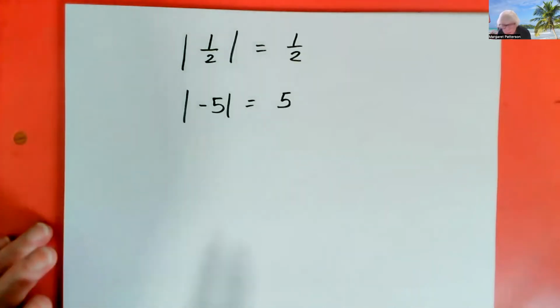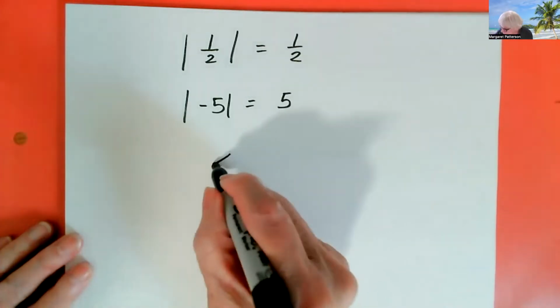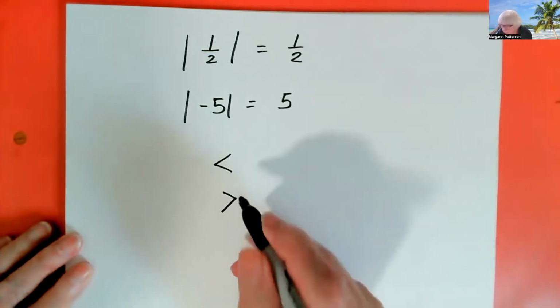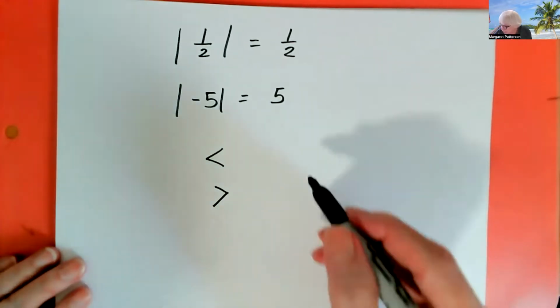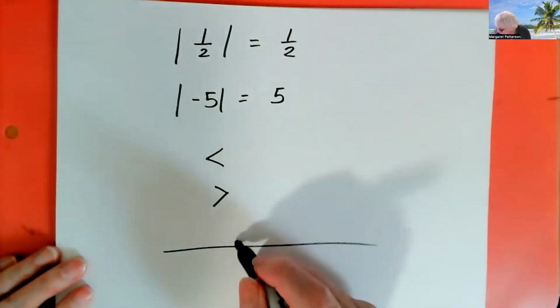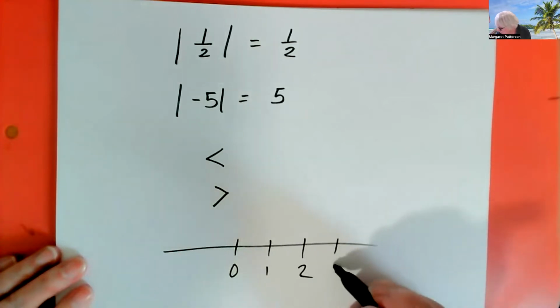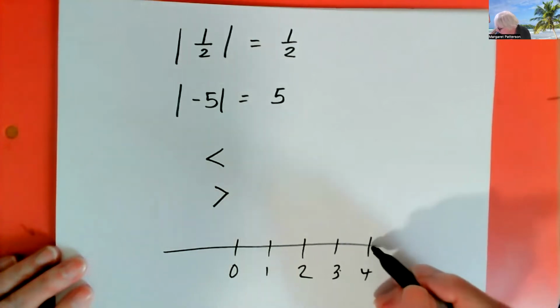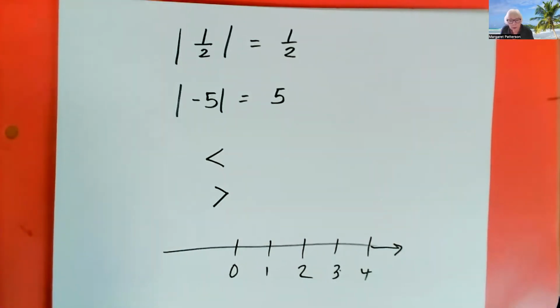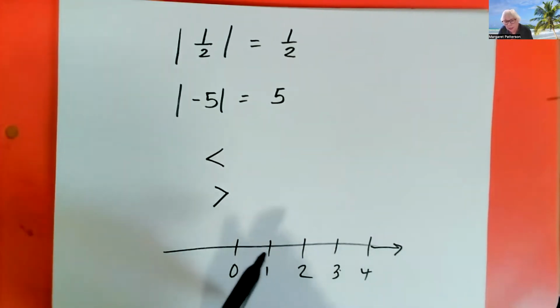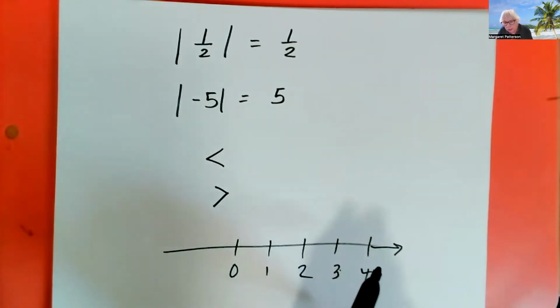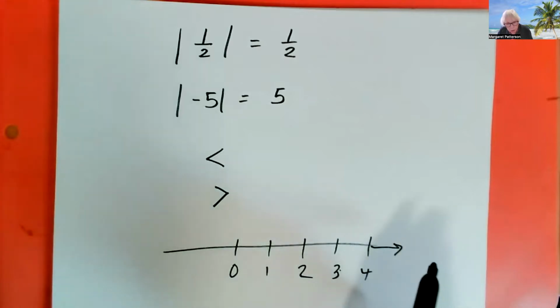So the next concept has to do with these two symbols. Now back to the number line. Here's 0, here's 1 and 2 and so on. If you're going to the right, you're getting larger and larger.